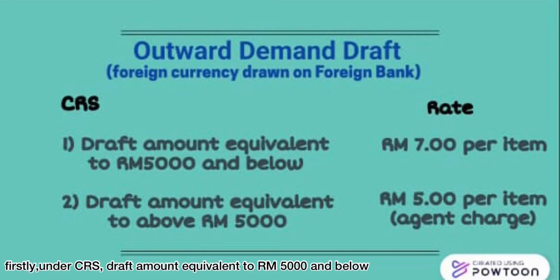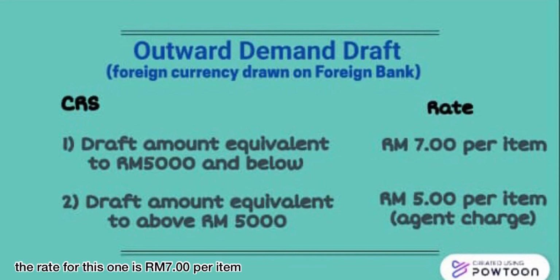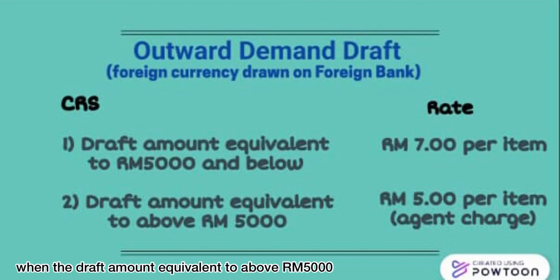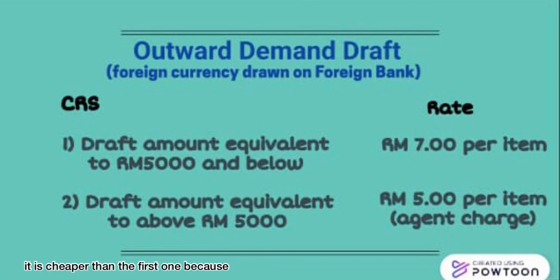Okay, firstly under CRS, for a draft amount equivalent to RM5,000 and below, the rate is RM7 per item. Meanwhile, the second one is RM5 per item when the draft amount is equivalent to above 5,000. It is cheaper than the first one because it uses the agent charge.